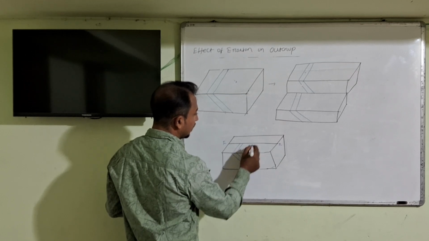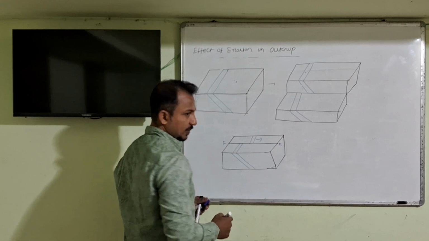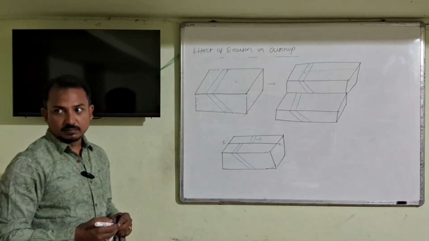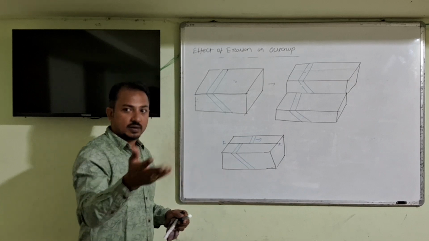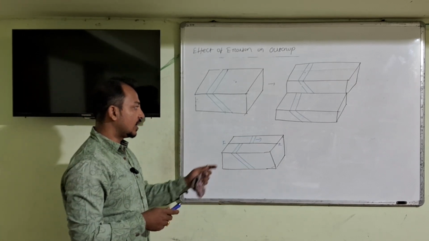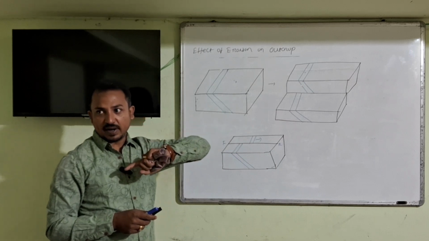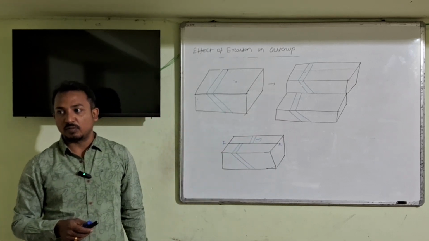One outcrop will be here, but the other one will advance in this direction, the dipping direction. So here the advanced outcrop, which has moved in the dipping direction of the bed, that will be the upthrown block.